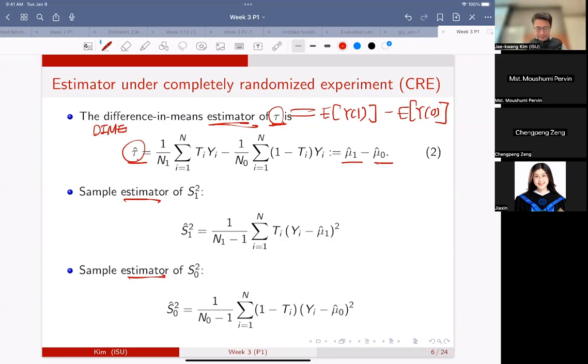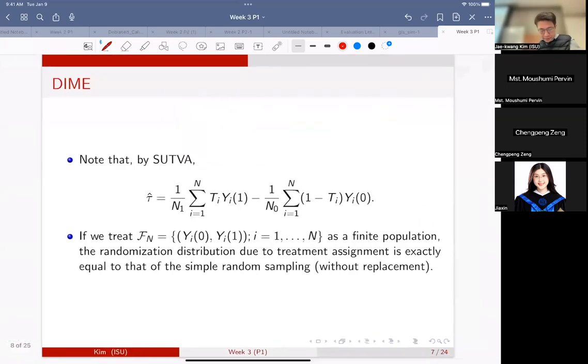Okay. First observation is on the Sutba, which means that yi equals ti yi1 plus 1 minus ti yi0.